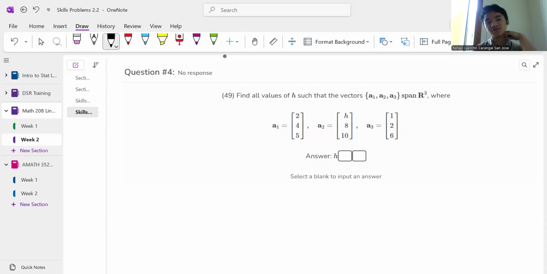Oh, so h here is a scalar. It's actually a component of a sub 2, the vector a sub 2. And so what is h? We have two slots here. I don't know if this means 2 digits or something else.